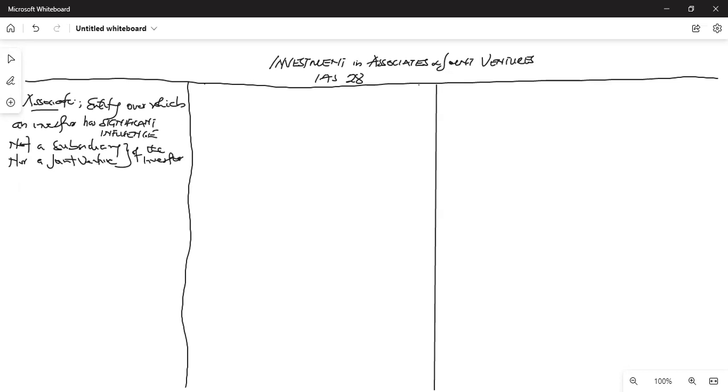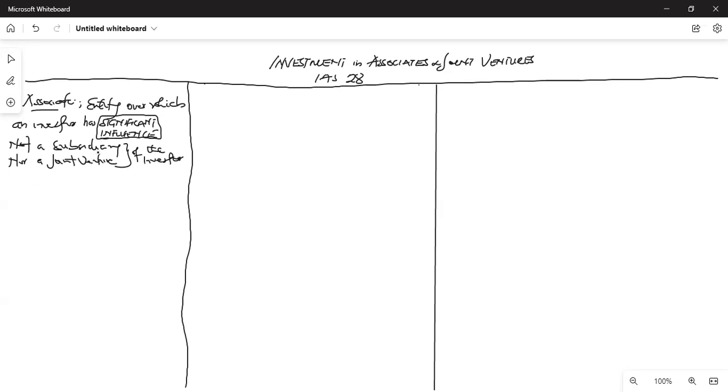Now, when we say significant influence here, what do we mean? It is always evident by the representation on the board of directors, because that is where decisions are made, and as such you participate in policy decision making.